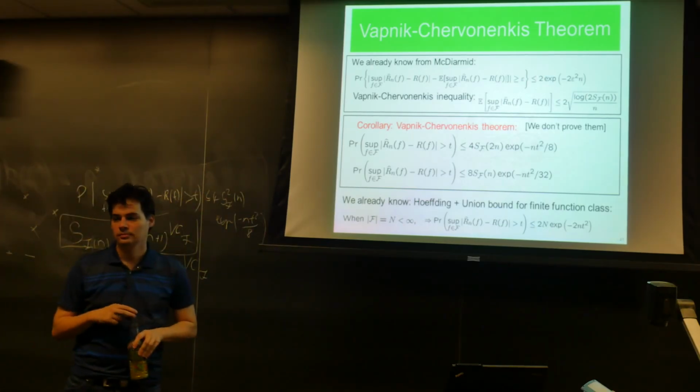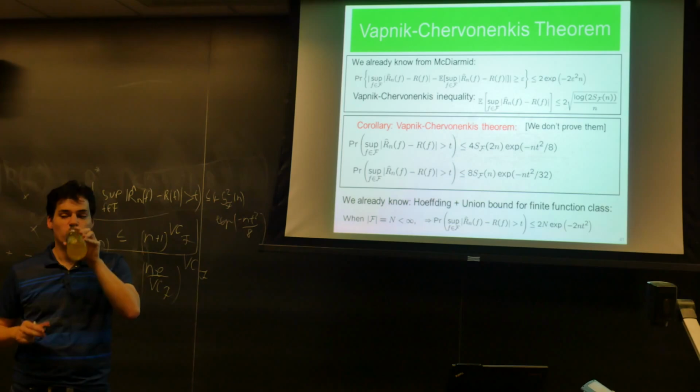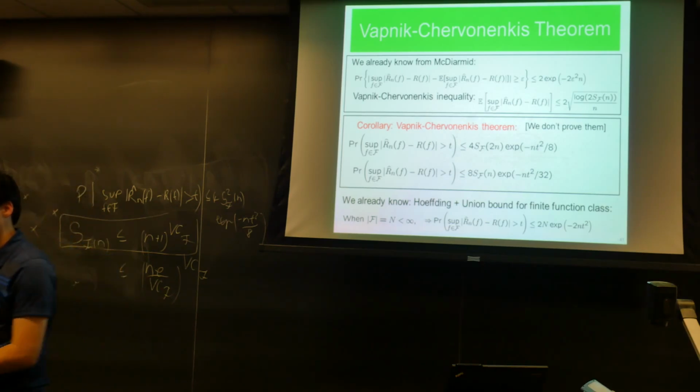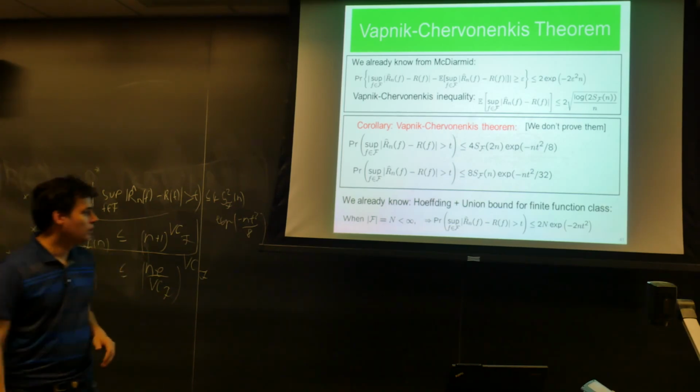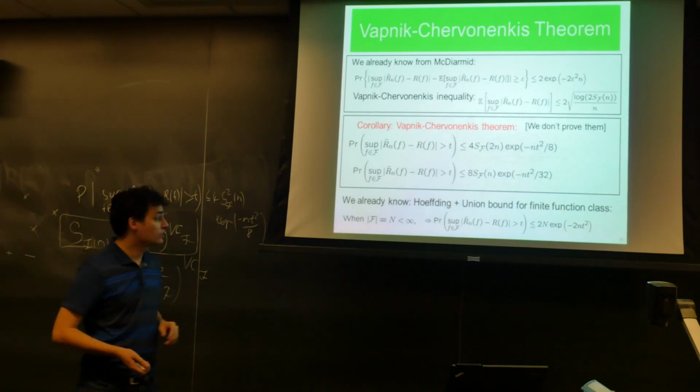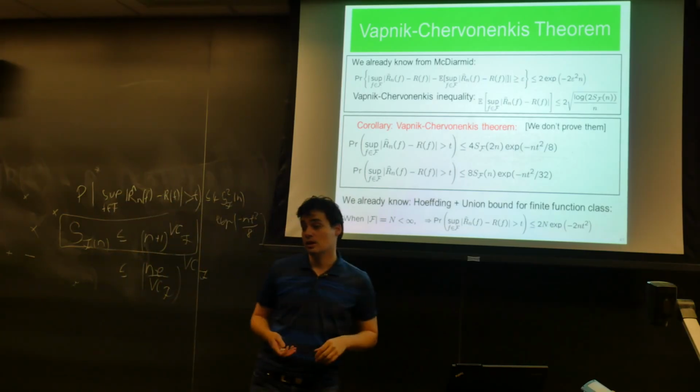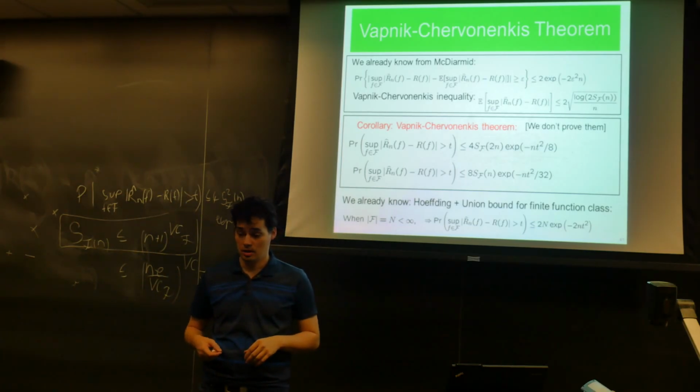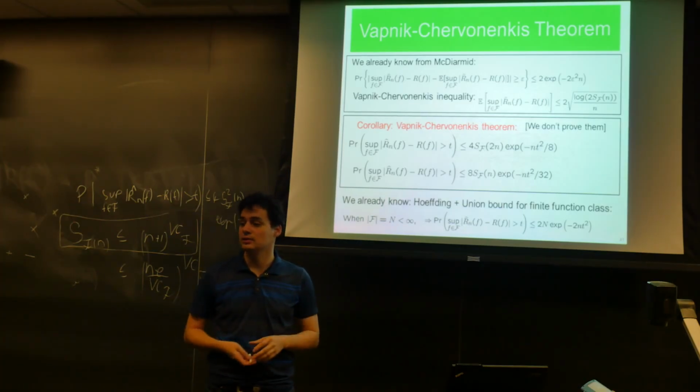Are they being used for model selection? Exactly, yep. How would you do that? Do you directly compare the VC dimensions? For some function classes, you can calculate the VC dimension, and you choose the VC dimension that has the right complexity for you.